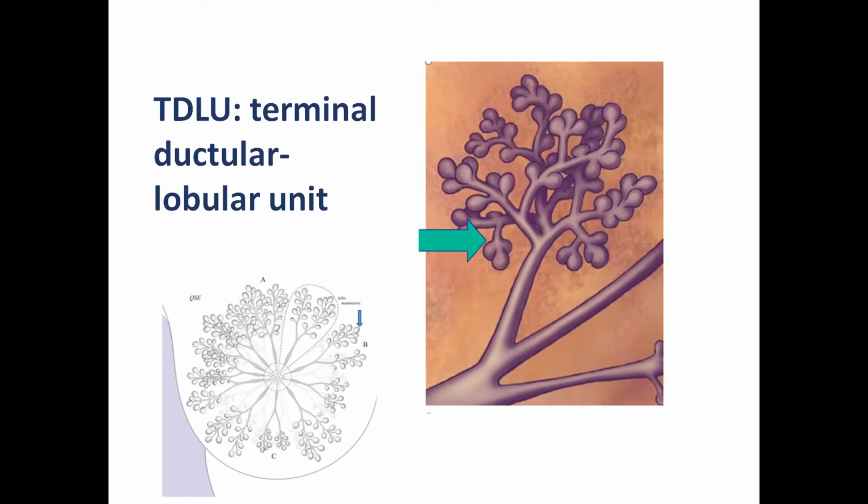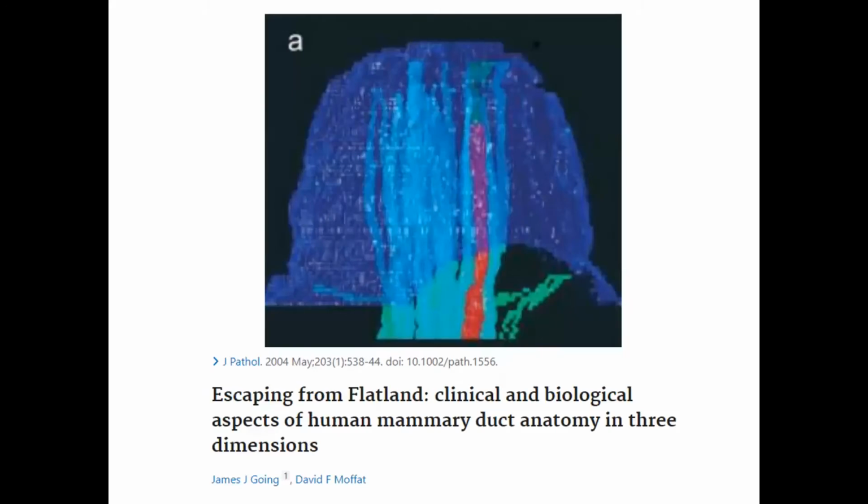This concept is based on anatomical studies. One of the most beautiful, to me, and I encourage you to read this paper done by colleagues in Glasgow, is a three-dimensional reconstruction of the breast parenchyma. They based their study on autoptic breasts of women dead for medical legal purposes, who did not have any breast pathology.